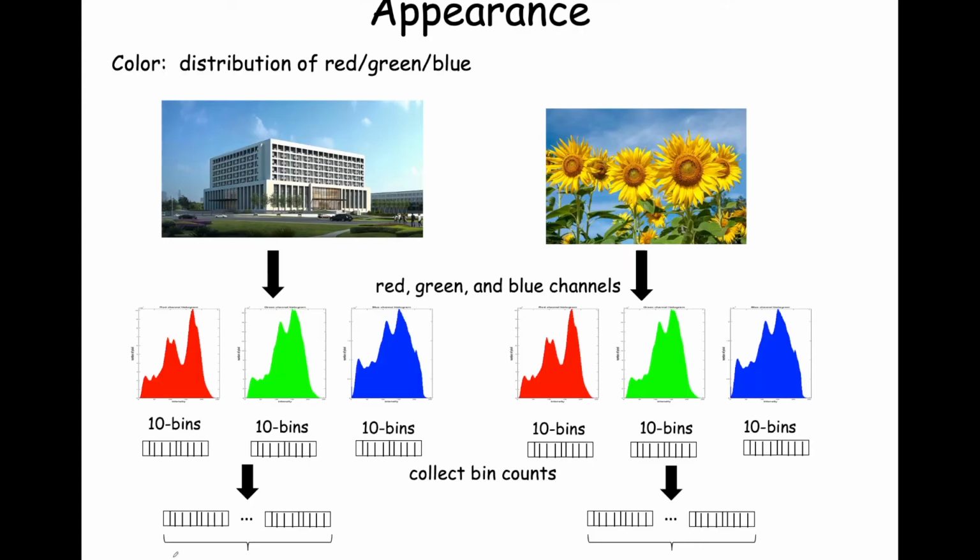Where we last left off, we talked about appearance-based features, and this consisted of a description of the color content in RGB color space associated with the image. And we computed that by isolating the red, green, and blue color channels and computing a histogram over each one and concatenating those bin counts for the histogram as our features.